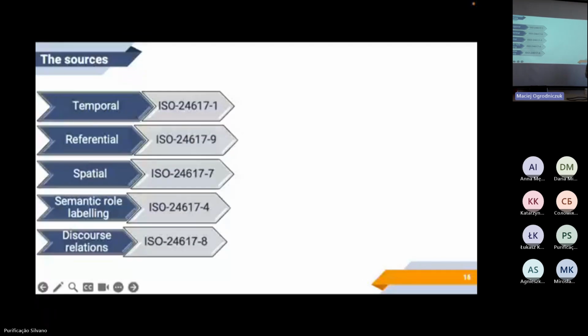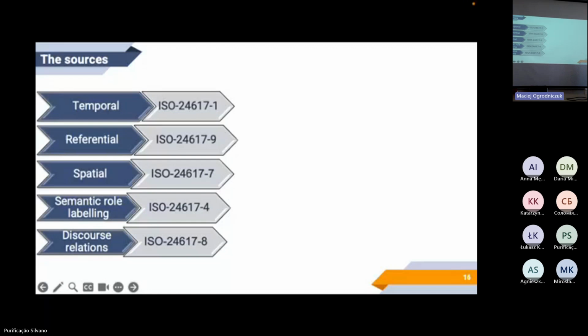I say that presently because we developed this annotation scheme in different phases. In the first phase, we only included temporal, referential, and semantic role labeling. And then we added the spatial information. And finally, more recently, we added the discourse relations layer so that we can represent causal relations in a more coherent manner.